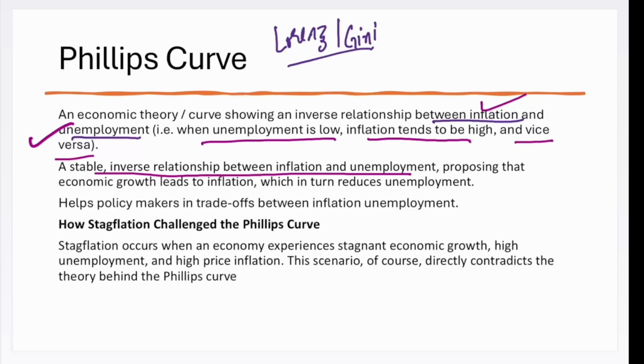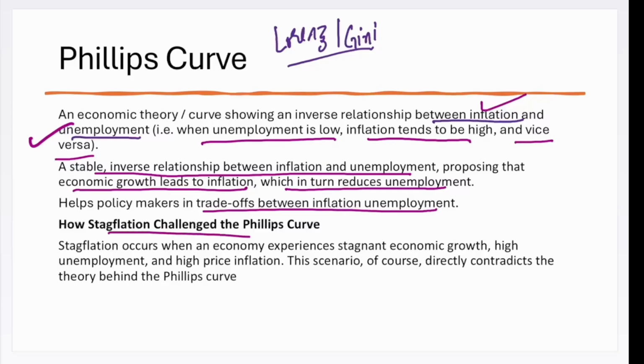They say there has to be a decent amount of inflation for unemployment to remain low. If there is more unemployment, then inflation will be lower. Why? Because people don't have money. So a smaller amount of money will be chasing more goods, and prices will not increase. So there has to be some amount of inflation to match the unemployment. It proposes that economic growth leads to inflation, which in turn reduces unemployment, helping policymakers trade off between inflation and unemployment.